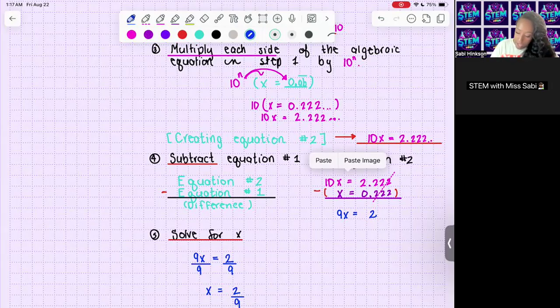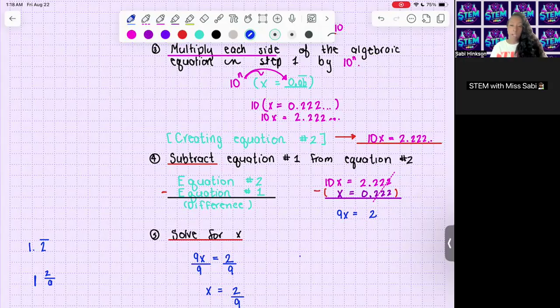So we had 1.2 repeating, right? So we figured out the 0.2 repeating part. So our fraction is exactly 1 and 2 over 9.